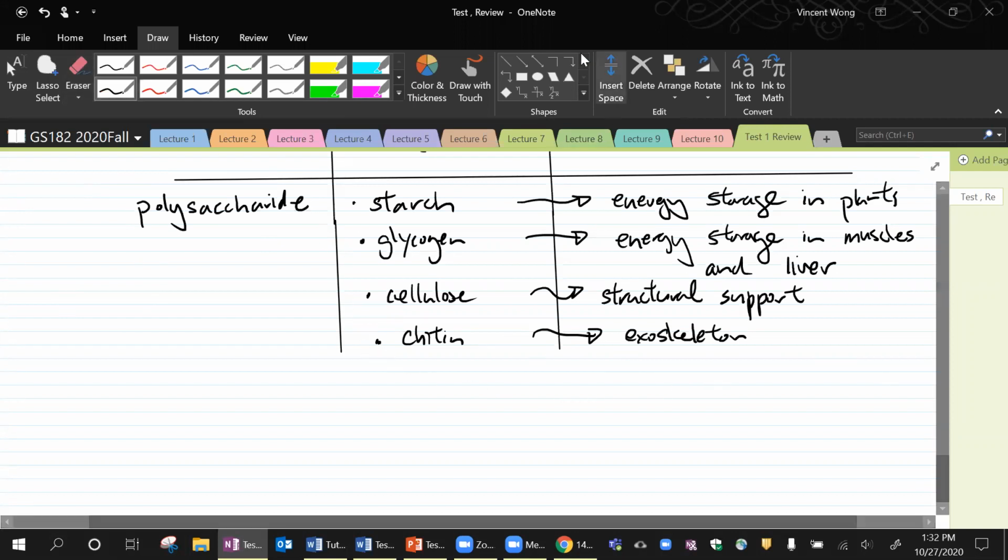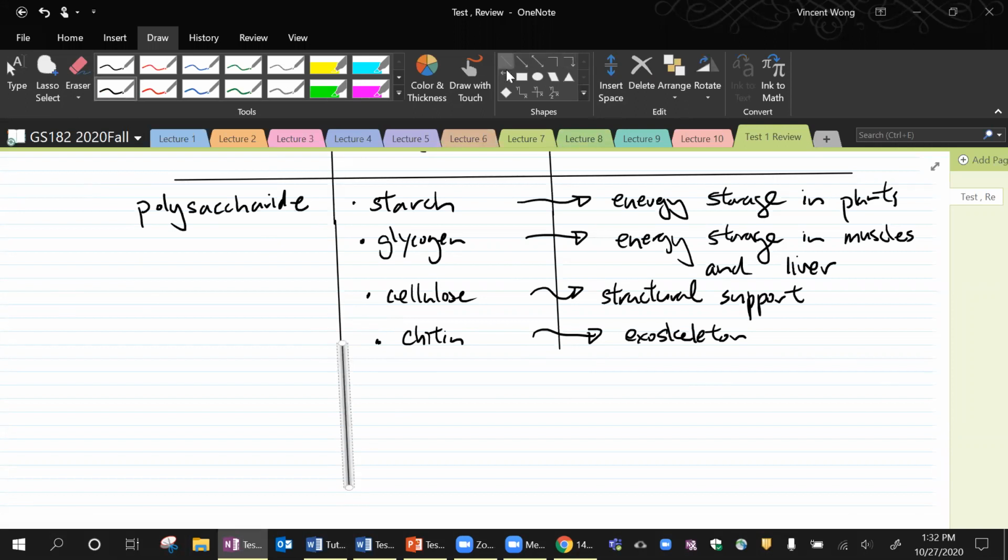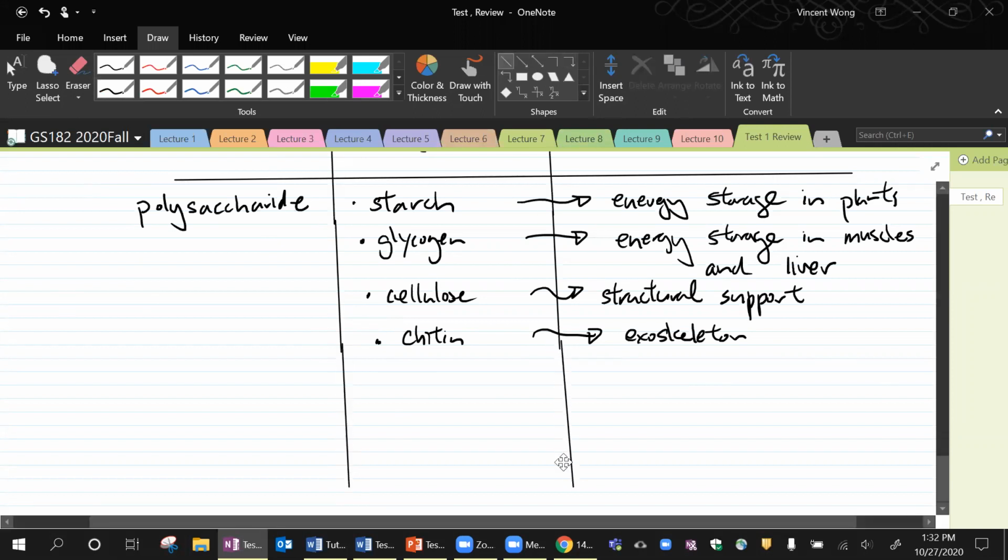There is also another function for polysaccharides, and again, I'm trying to connect the units together. We don't really have a specific name for these. We just generally call them glycoproteins. Okay, so glycoproteins are proteins in the membrane with some sugar stuck on it.